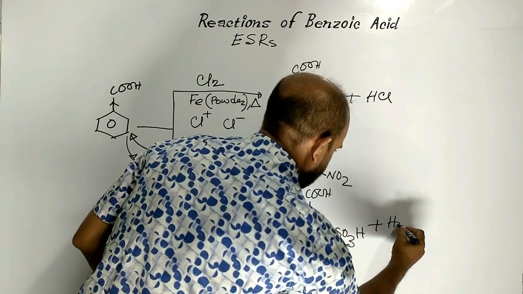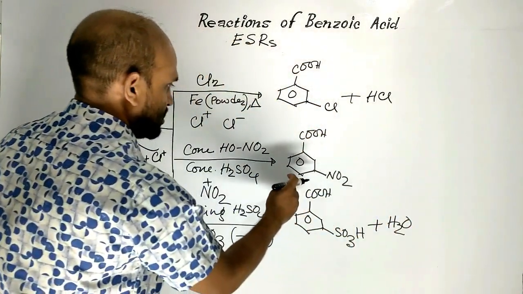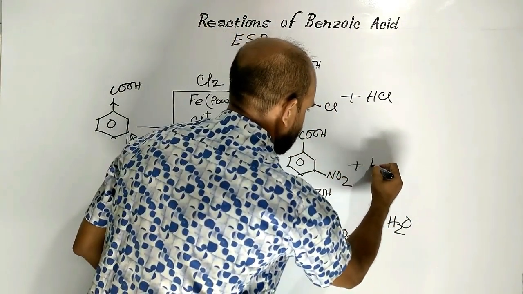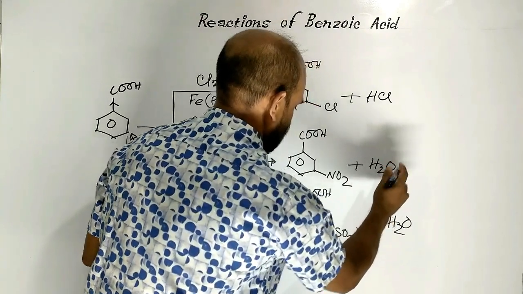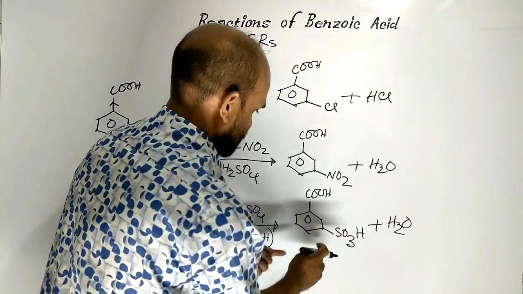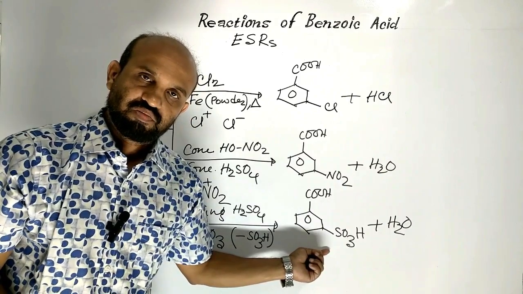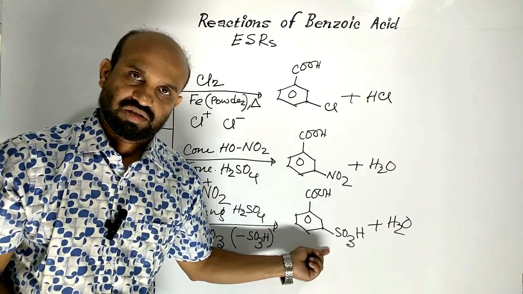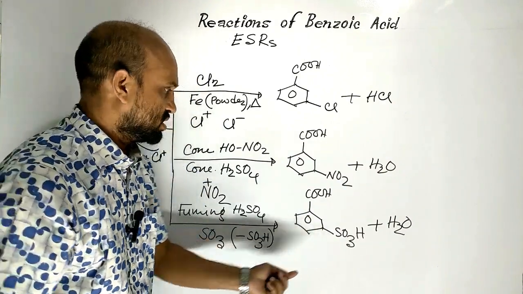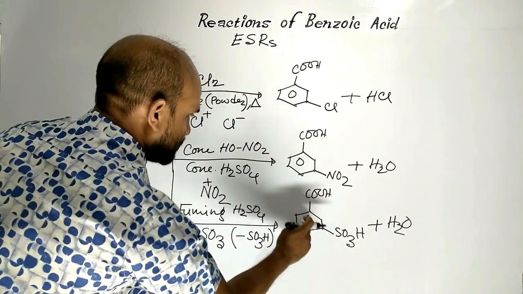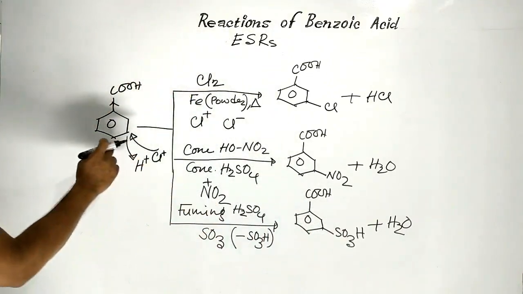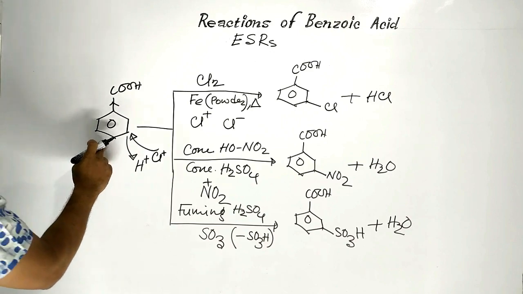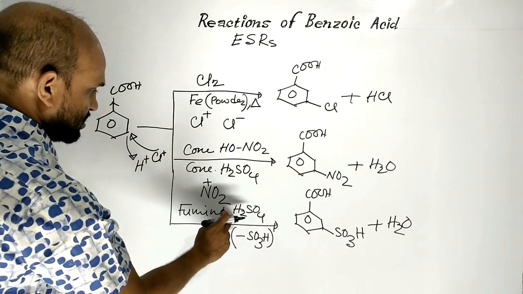Here, byproduct is water. In this case as well, byproduct is water. Now, this is the product. Its name is metasulfobenzoic acid. That is to say, metasulfobenzoic acid is formed when benzoic acid is sulfonated.